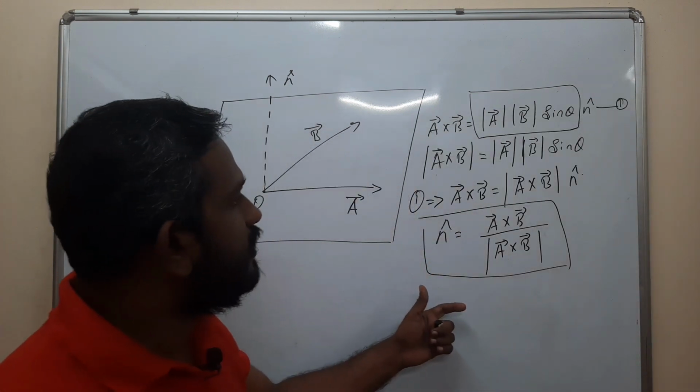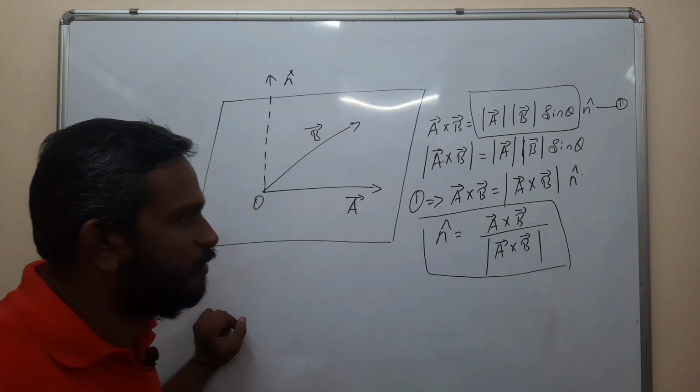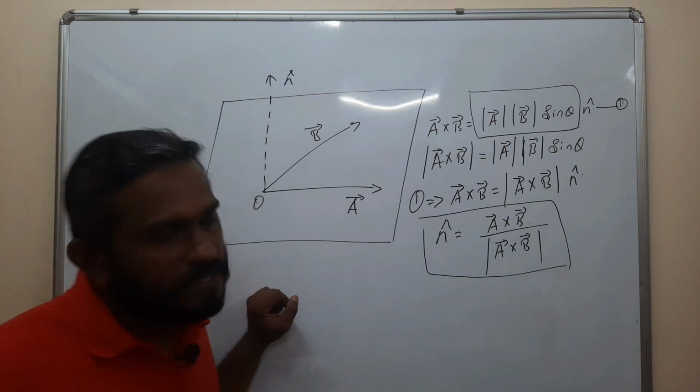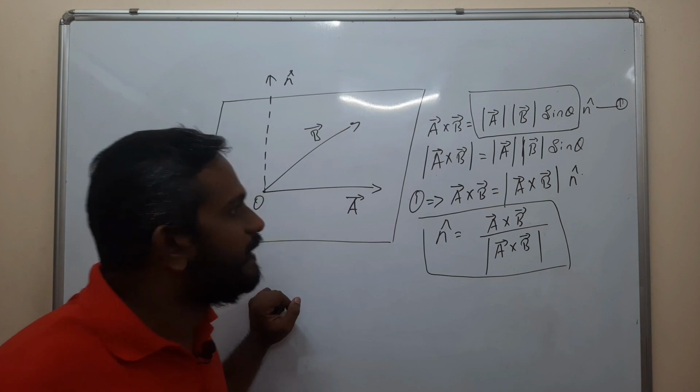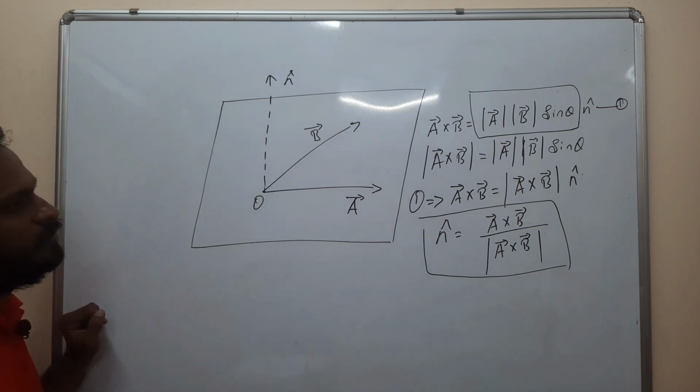So n cap is equal to a vector cross b vector divided by modulus of a vector cross b vector. This is the formula we use to find the unit vector. Very important formula.